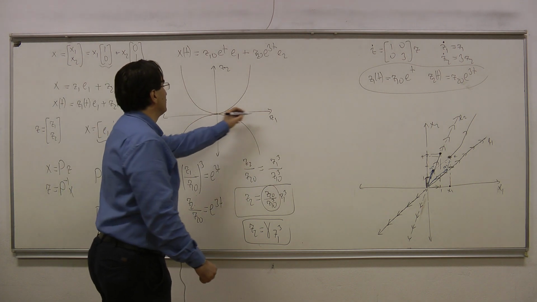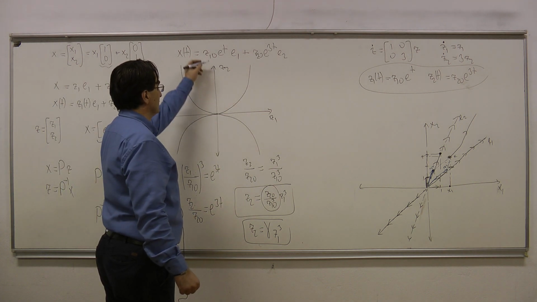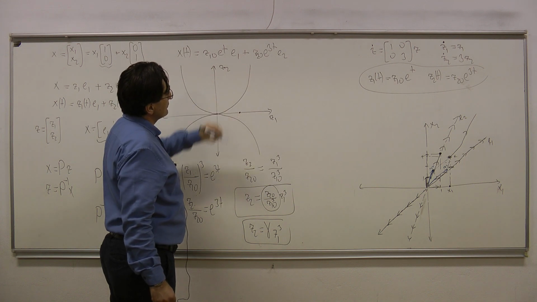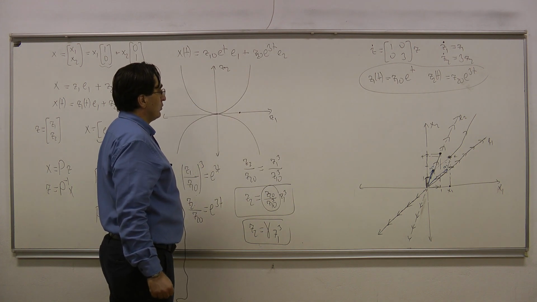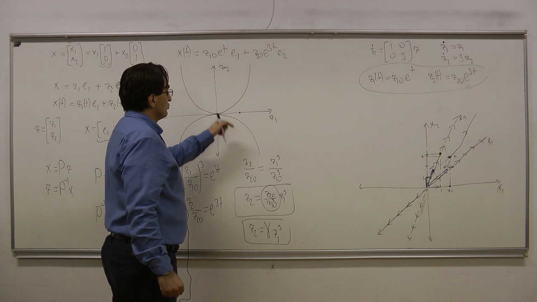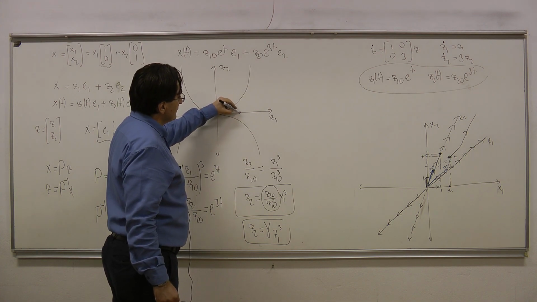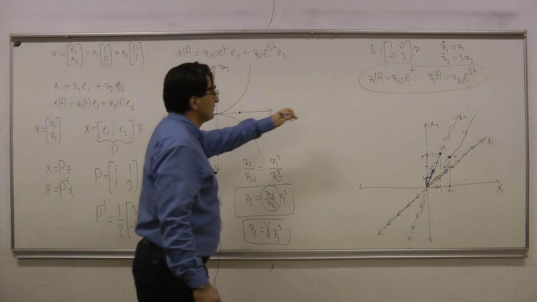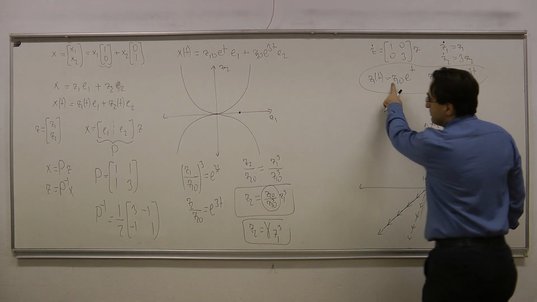And what about the trajectories on these lines? Suppose that I start my system here. What does that mean? That means the initial condition of the system has a non-zero component Z1, 0. This is non-zero and positive.